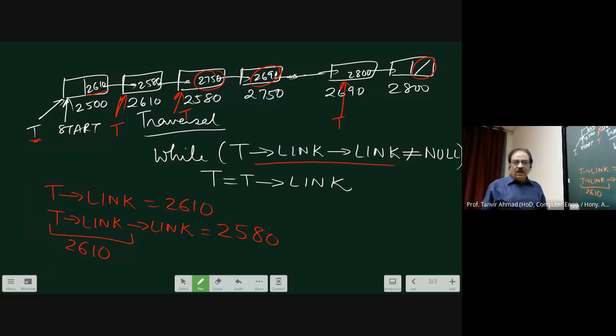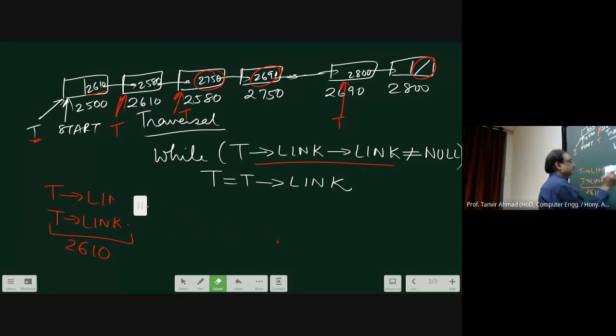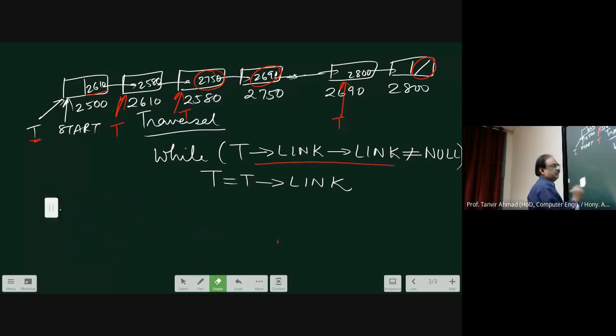And it means that if I am doing T of link, from T only I can check the next node link. And by this method, I can very well try to remove that node from here only. And then I will write the statement like this.